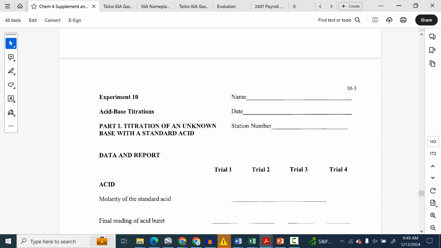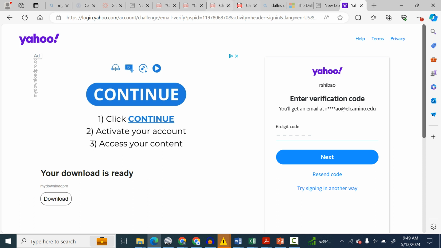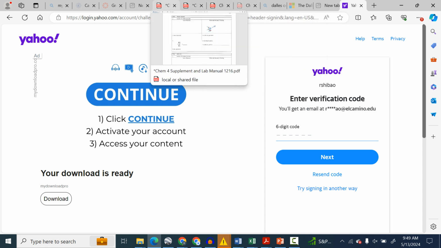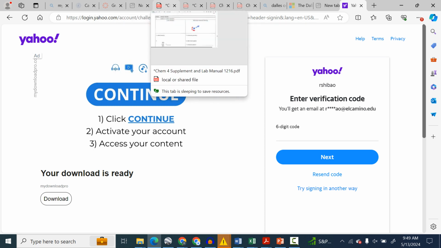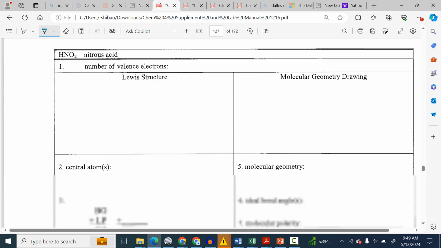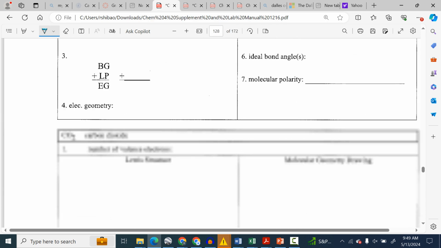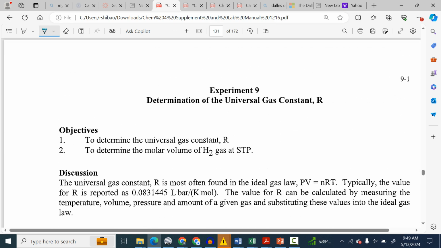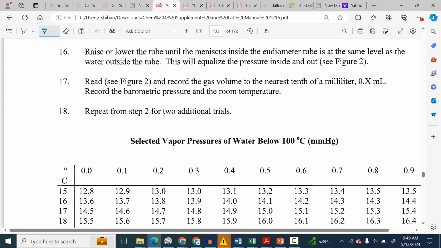No, the percent by mass composition is, let me see if I have it over here. I'll just do it now. Or actually, let me talk about it tomorrow. It's lab stuff.